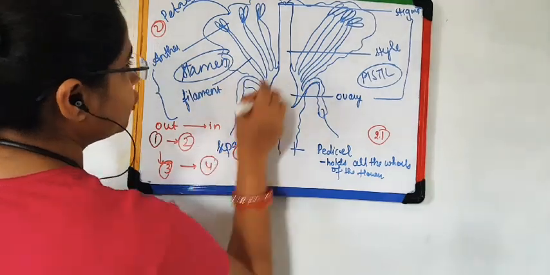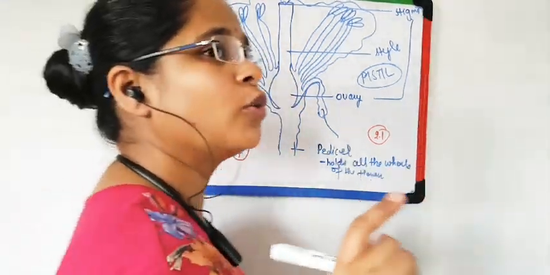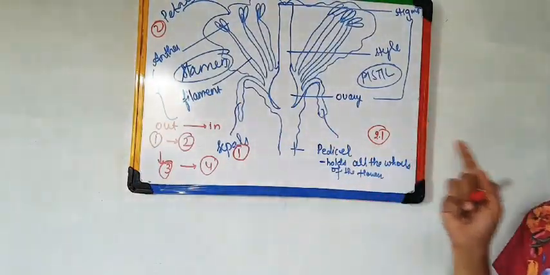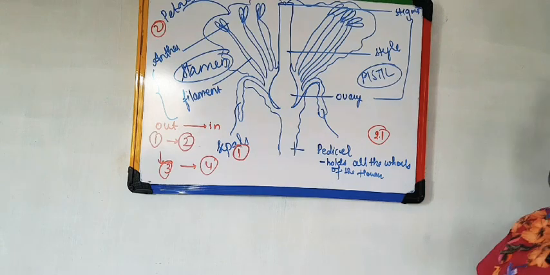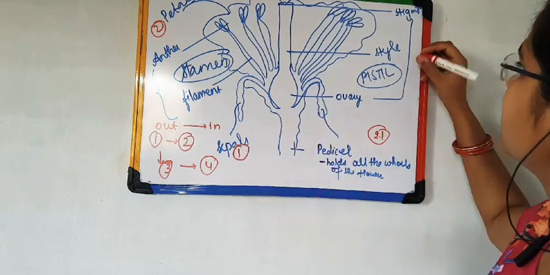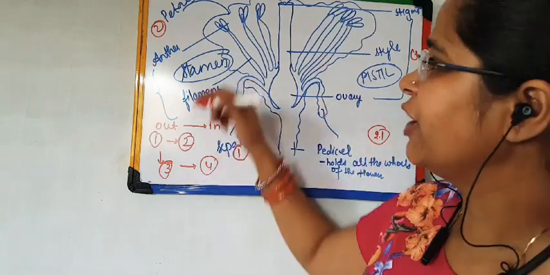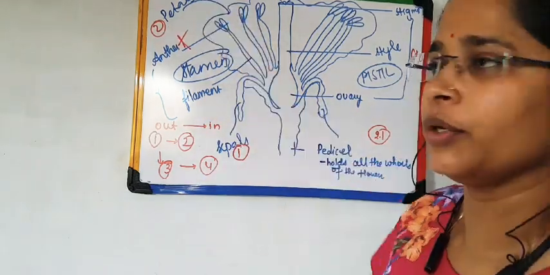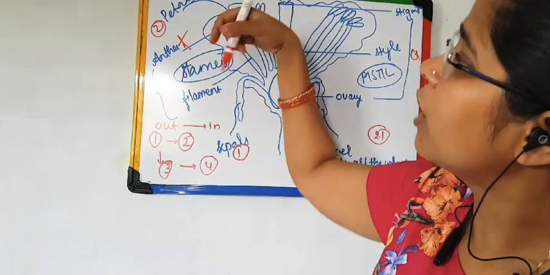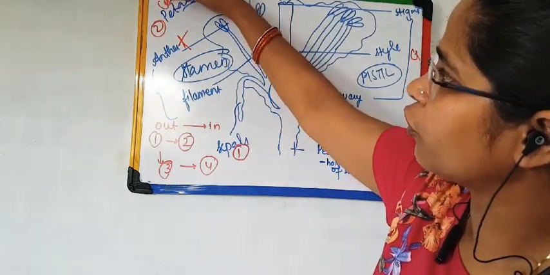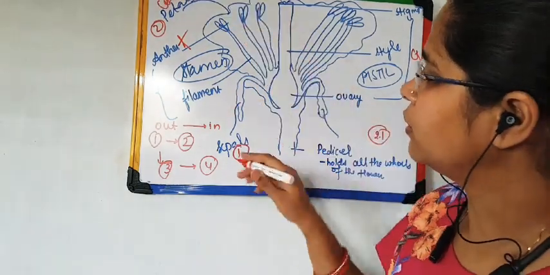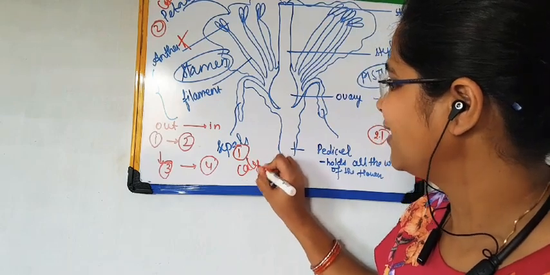Fourth, gynoecium. That means if the question is asked, which is the innermost whorl of a flower, your answer is gynoecium. Right? What is present outside gynoecium? Your answer is androecium. After androecium, outside androecium, what is present? Corolla. And after that, last is calyx.